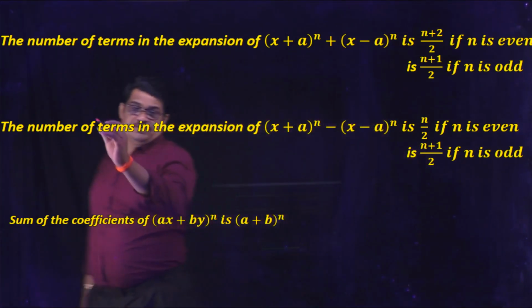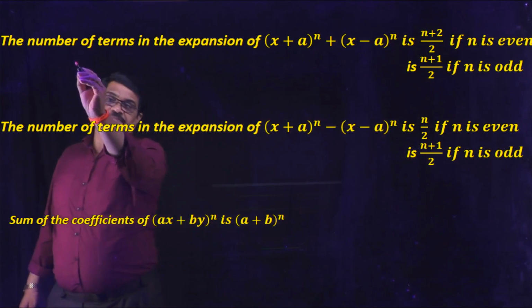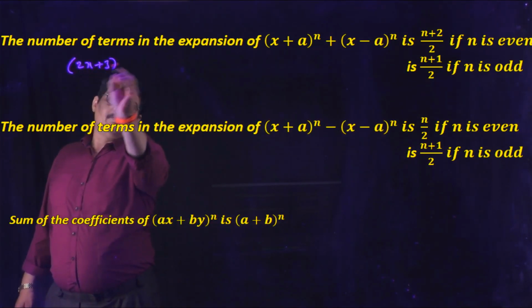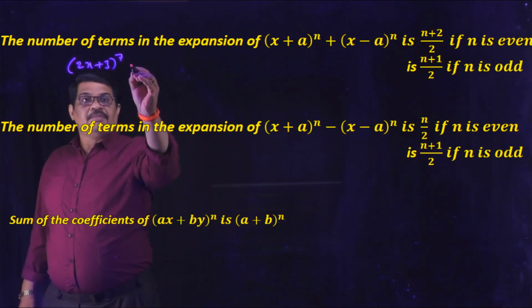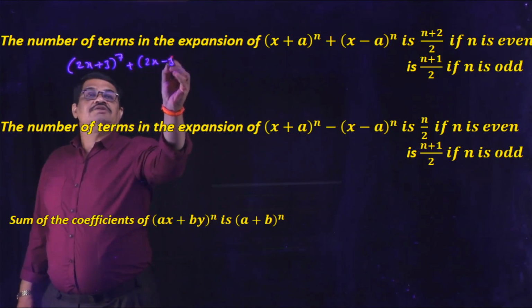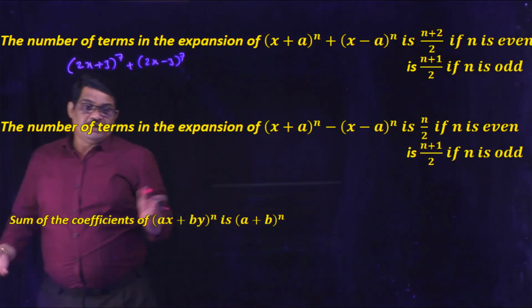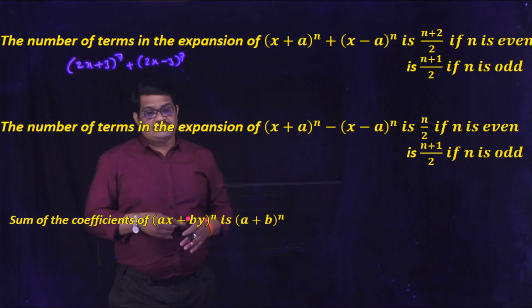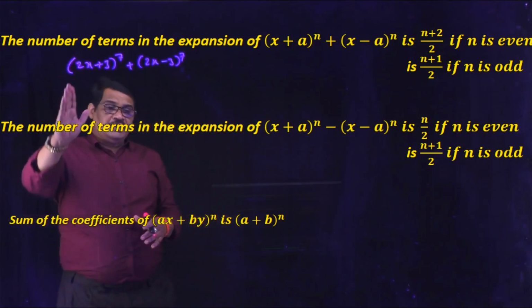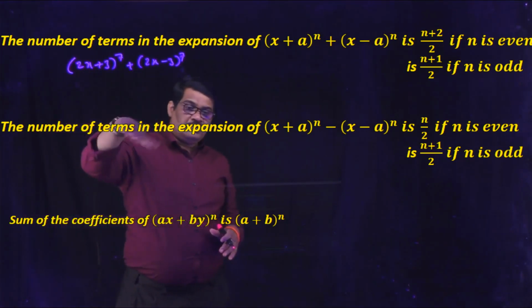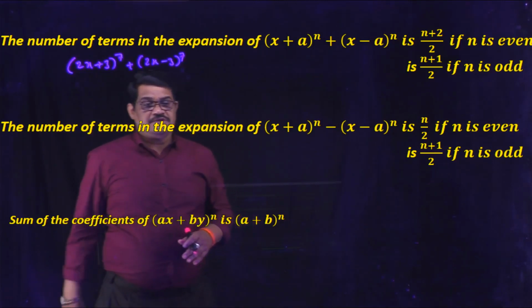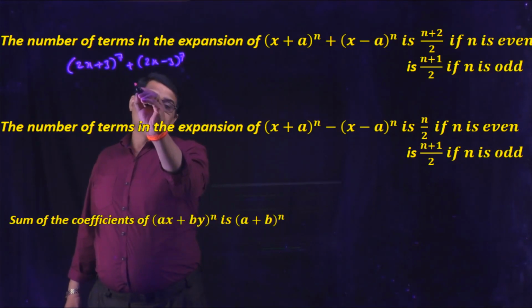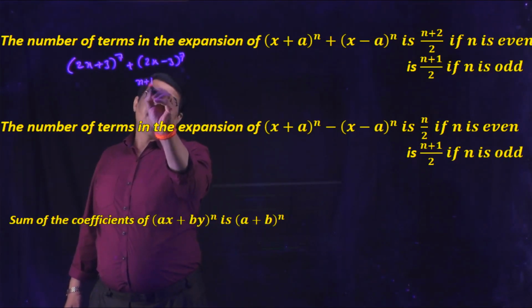Suppose we get the expression (2x + 3)^7 + (2x - 3)^7. In that expansion, what is the total number of terms? Without expanding, we use the formula. If n is odd, then it is (n + 1)/2.